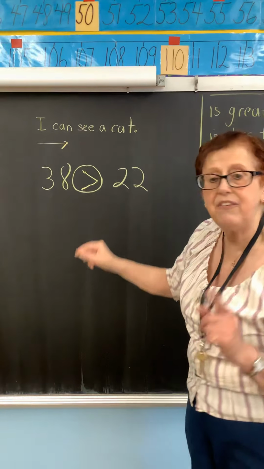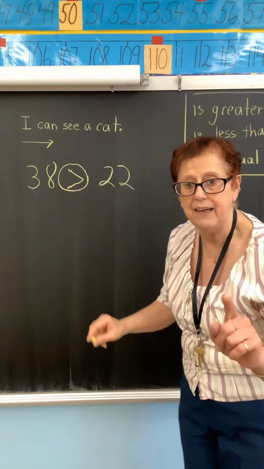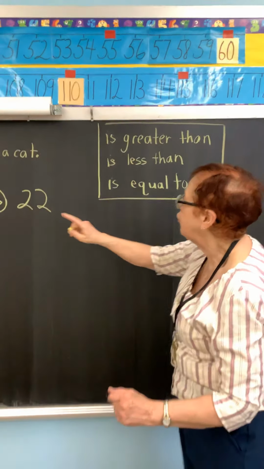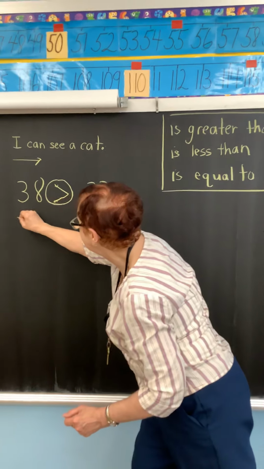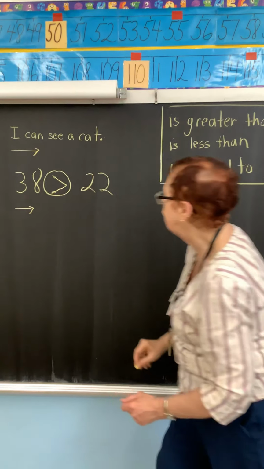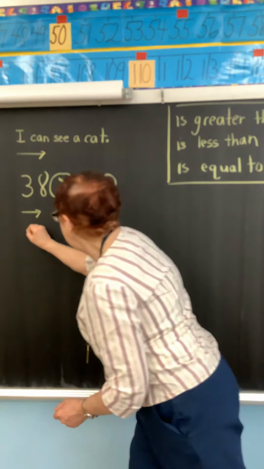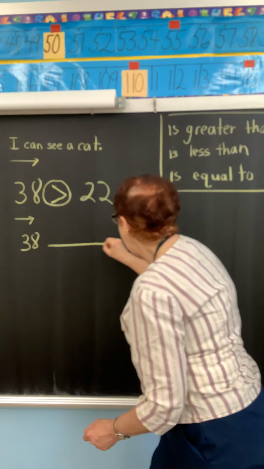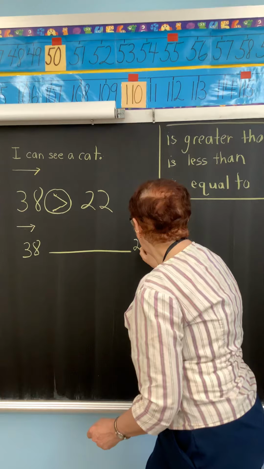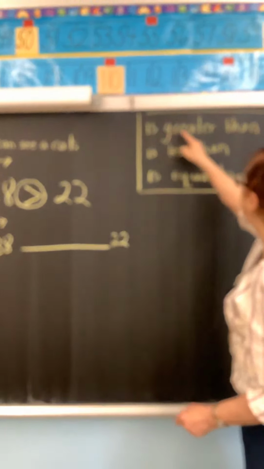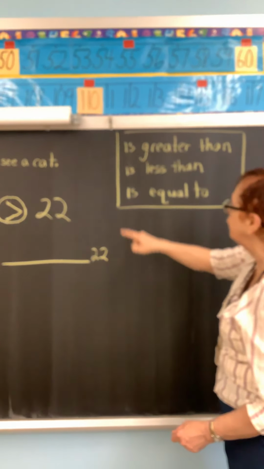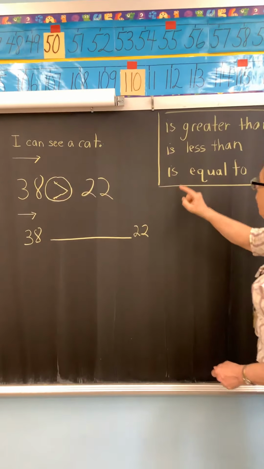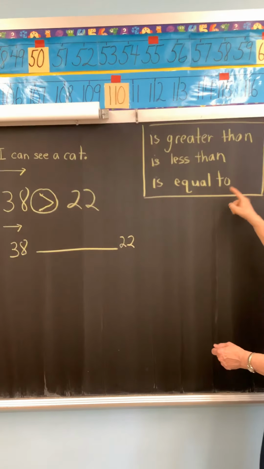So now here's the extra step we're going to add in. You need to add in the correct phrase. So you're going to read this like a sentence from left to right. It's going to say 38 blank 22. 38 is greater than 22. 38 is less than 22. 38 is equal to 22.